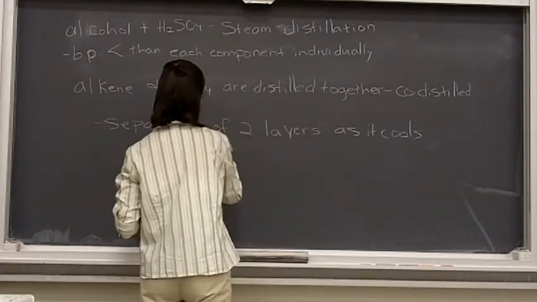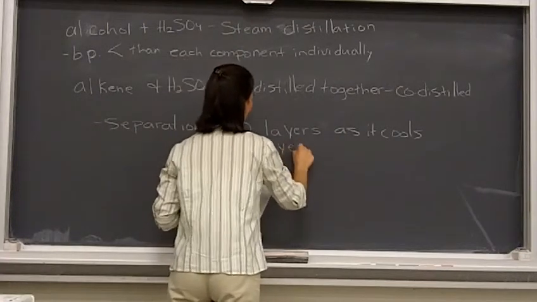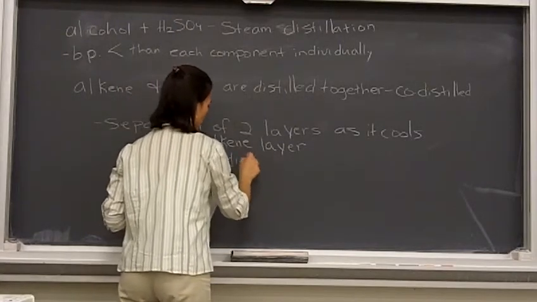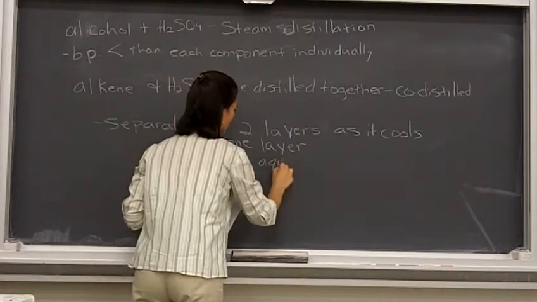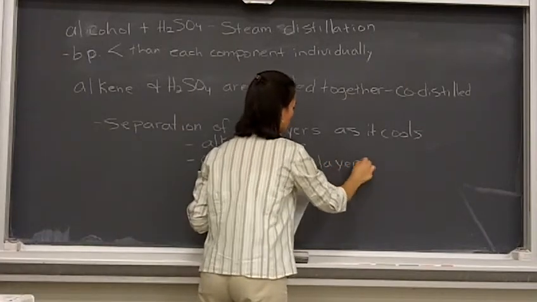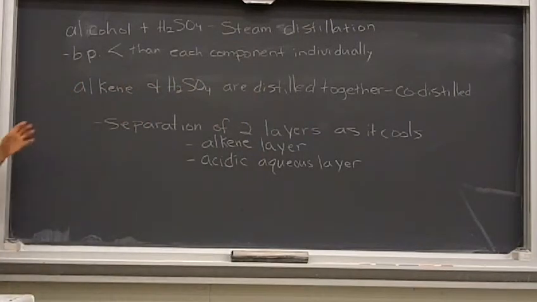And so you're going to have your alkene layer, and then you're going to have this acidic aqueous layer, okay? And so you're going to watch in your graduated cylinder for these 2 layers distilling over, and you're going to stop the distillation when all the organic layer is done distilling, okay? So when that organic layer is not growing anymore in volume, then you can stop the distillation, all right?